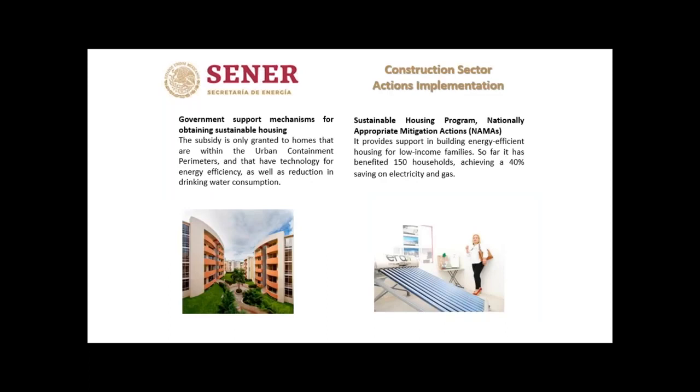Well, this has also been implemented not only for public facilities, but also for residential houses. And the government provides subsidy to homes that are within the urban containment perimeters, and they have technology for energy efficiency as well as reduction in drinking water consumption.